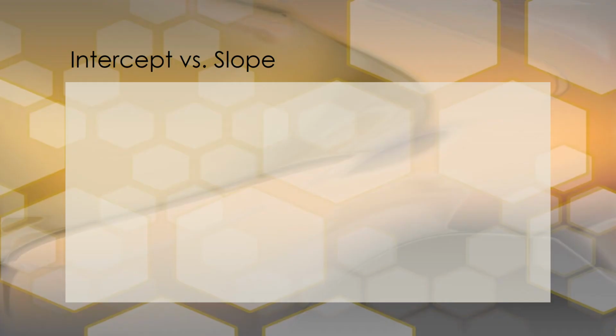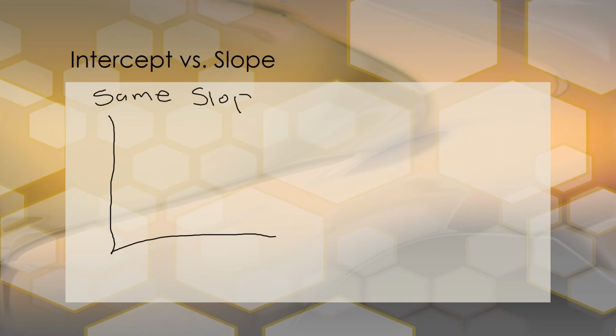Now I'm going to compare and contrast the intercept and slope. So say we have these coordinates, and I'm going to draw three lines that have the same slope but different intercepts.